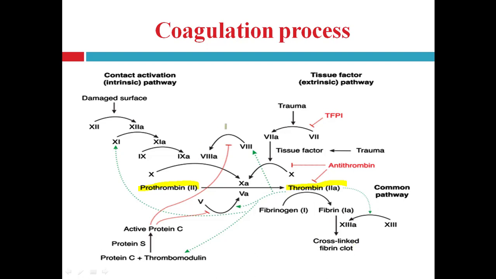But here, 10A is the prothrombin activator protein or factor, right? And this is obtained by two processes, intrinsic and extrinsic pathway, right?